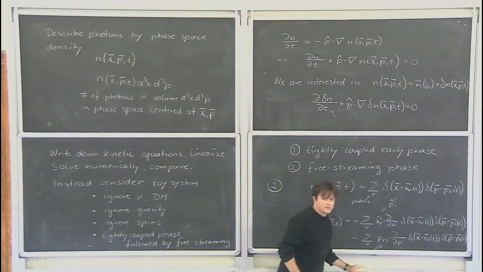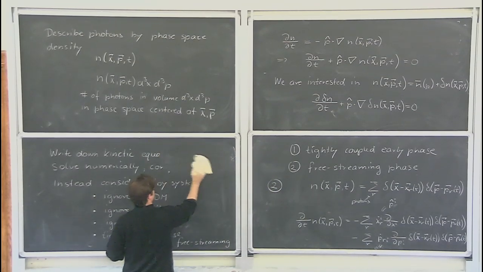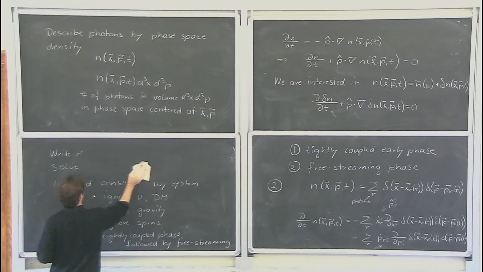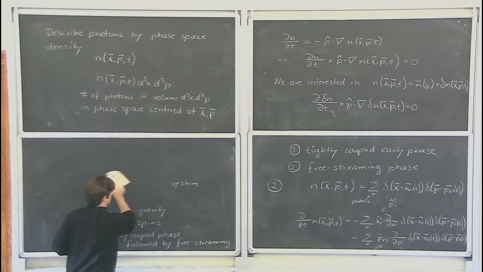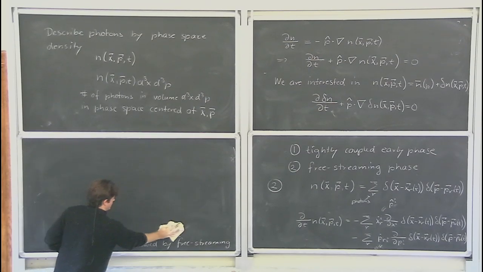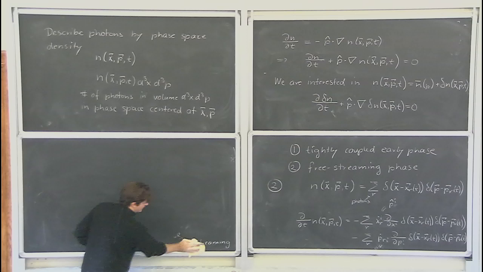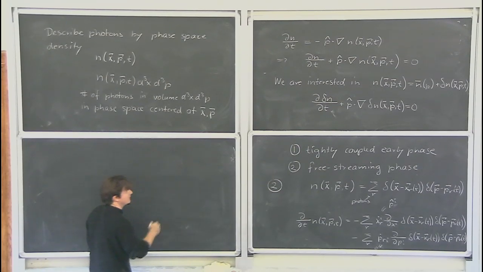So far so good. Now we'll try to relate this to quantities that we actually care about, because these are the quantities we measure. We'll try to relate this to what a detector actually registers. If you have this phase space density, it tells you at any given point how many photons are coming with what momentum.